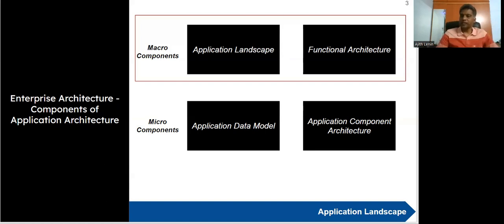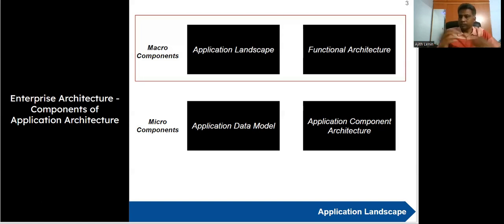Application landscape is primarily defining what all applications we have in the landscape, like the scoping of the applications, the number of applications we want to have, and also how these applications implement the business architecture or business requirements. And the functional architecture takes care of how the business processes or business services, which were defined in the business architecture, are realized using these applications through some flows.